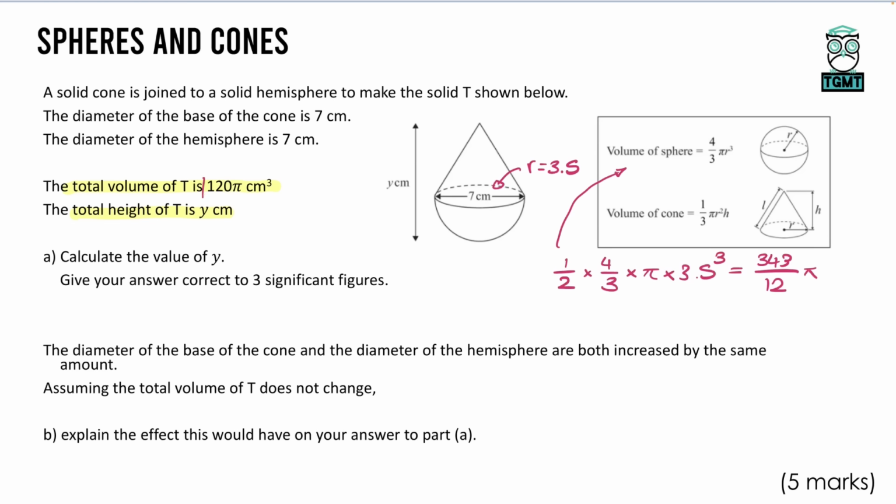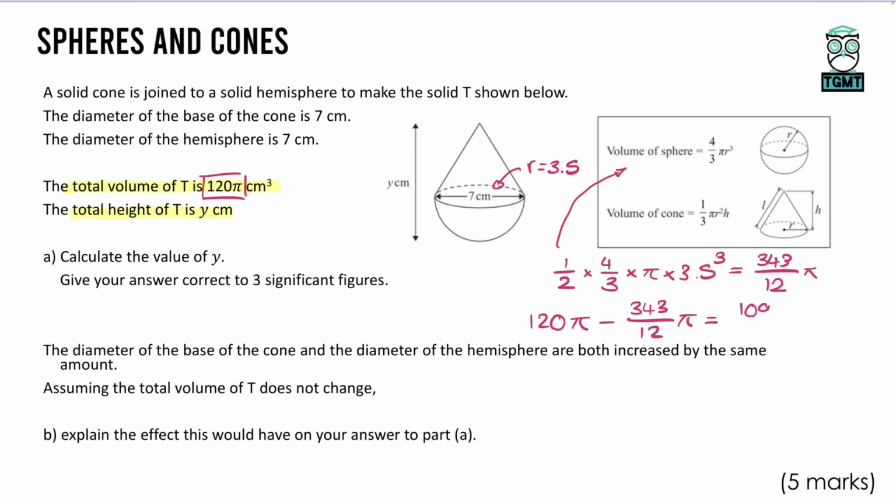Now we were told the volume of the overall shape here, so this one was 120 pi. So we can do 120 pi and we can take away that previous answer, which is 343 over 12 pi. So you can see obviously in that step, writing it in terms of pi has saved us some time because we don't have to retype it in, although of course you can use your answer button on your calculator and just keep working through.